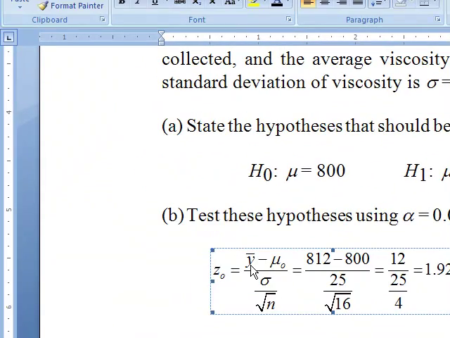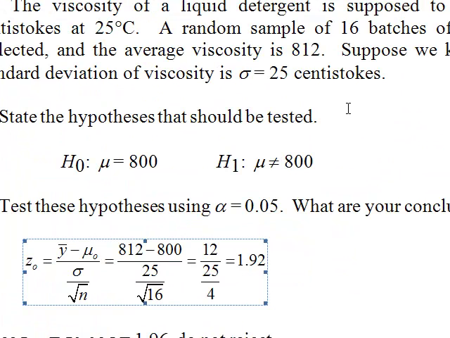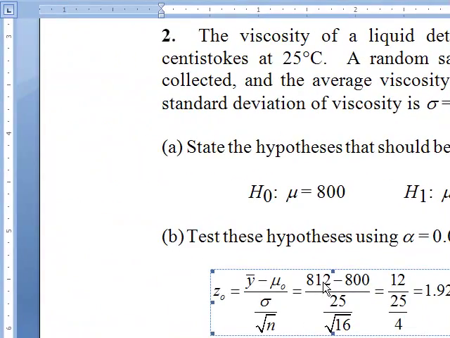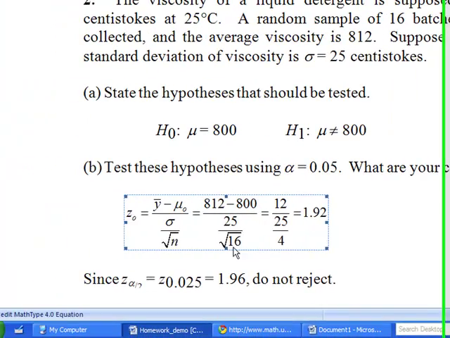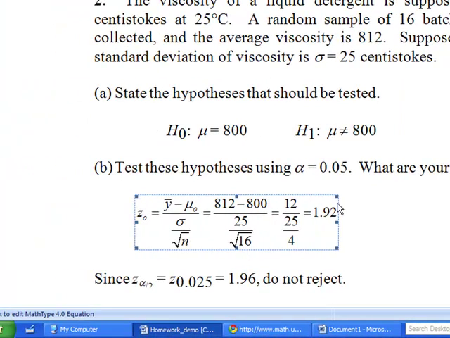Y bar is the sample average, right? Random sample of 16 batches and average was 812. So 812 minus mu, which is 800, sigma standard deviation 25, and sample size is 16, right? You get 1.92. Now that is G sub 0.